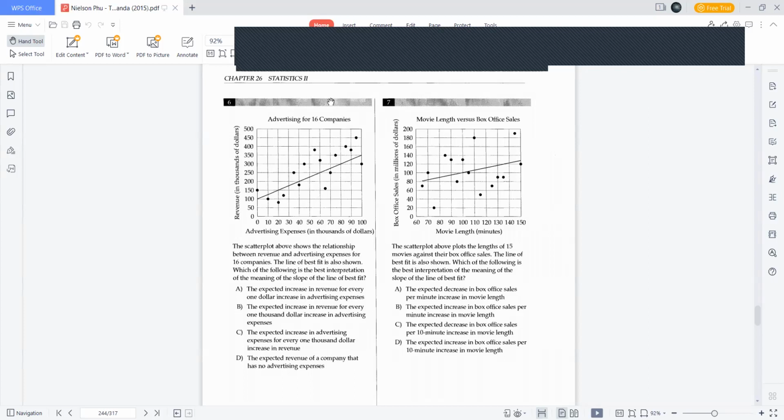So I would either say for each dollar increase in advertising, you can see a $2.5 increase in revenue. Or I would say for each $1,000 in advertising, you can expect $2,500 in revenue.